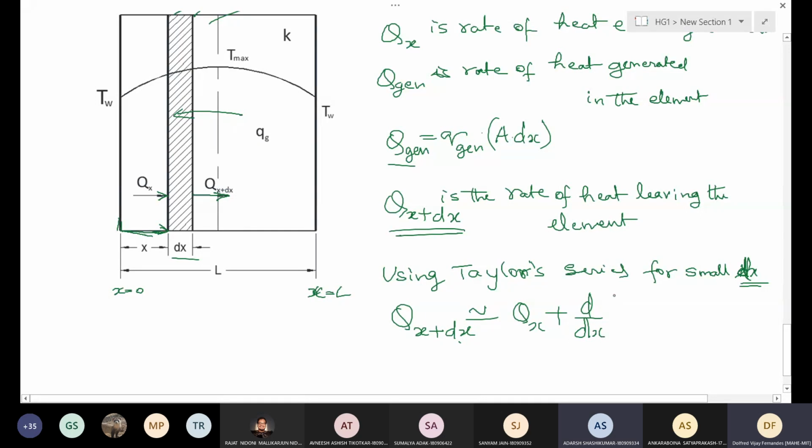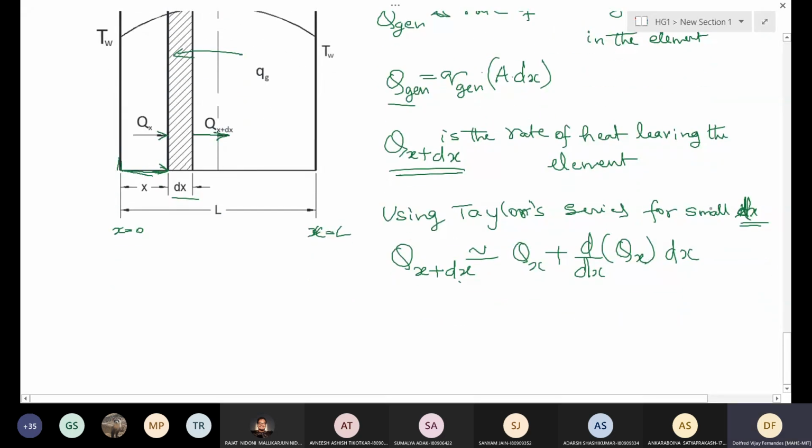So this is an approximation, because the Taylor series is an infinite series. We are neglecting the higher order terms and just keeping the first two terms of the Taylor series. This is possible because our dx is very small.